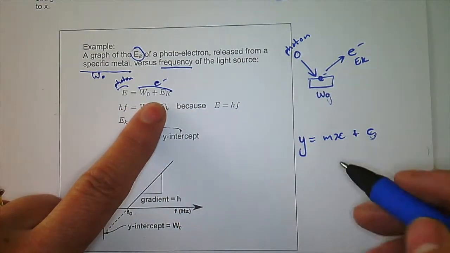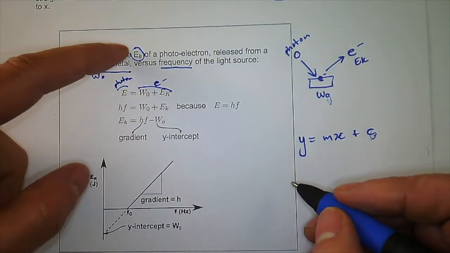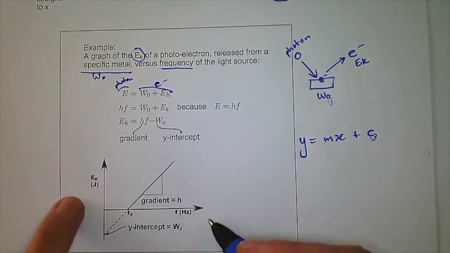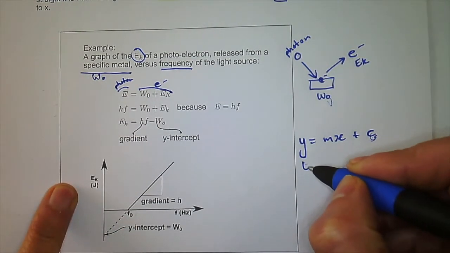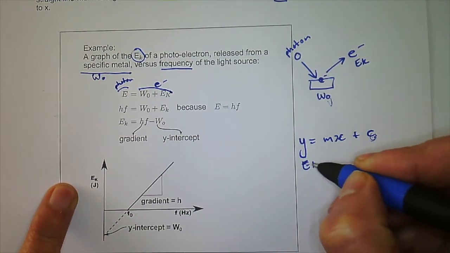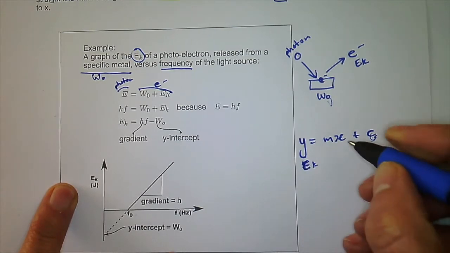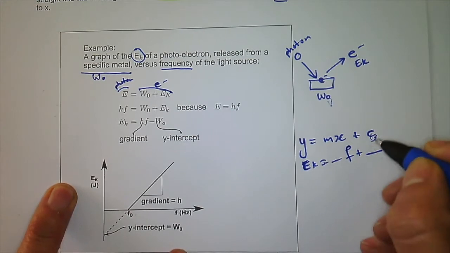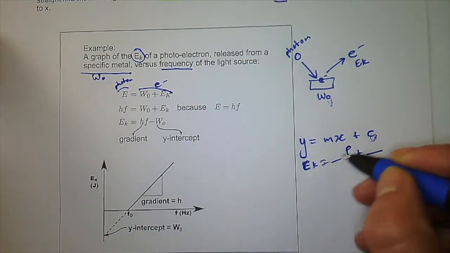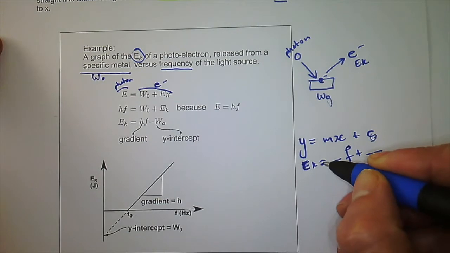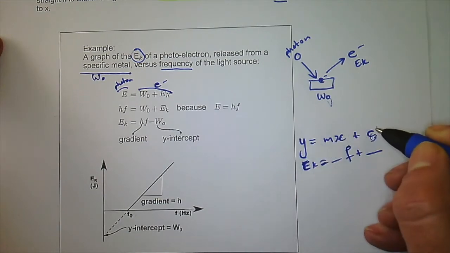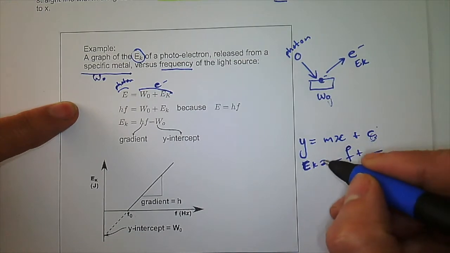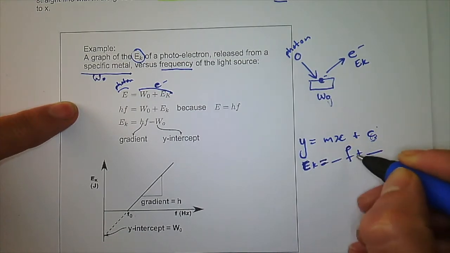Now I've got that, and I'm asked to draw a graph of kinetic energy versus frequency. So I need kinetic energy in the y position, and frequency in the x position. So I need to rewrite my equation to get to that shape, because I need a straight line formula: kinetic energy in front and frequency there.